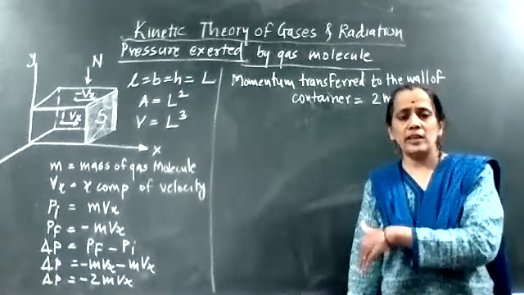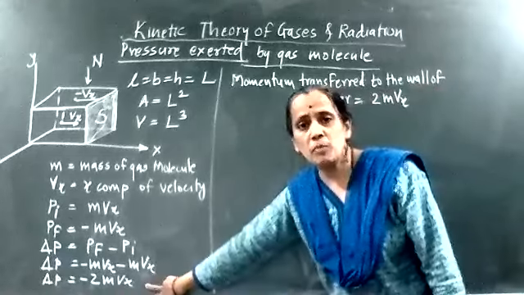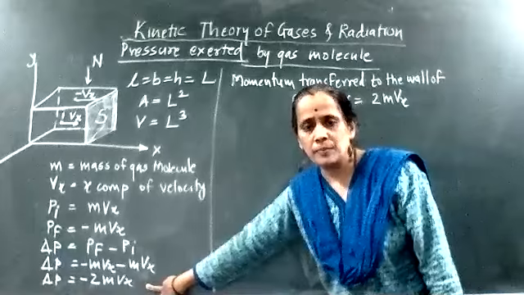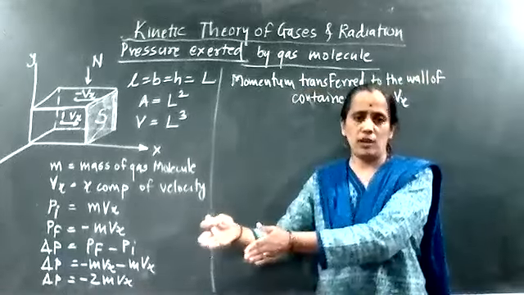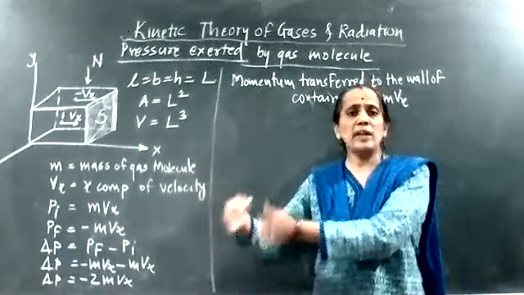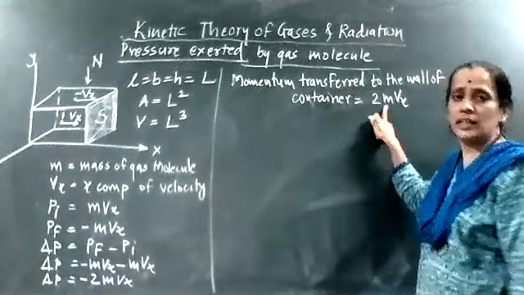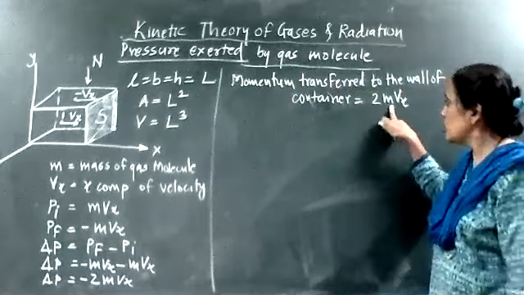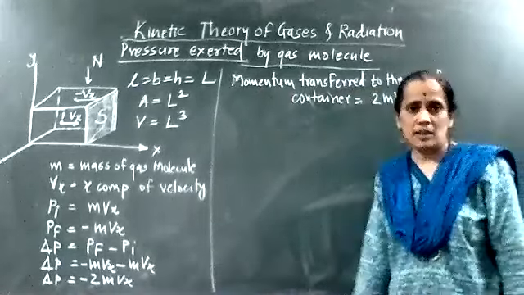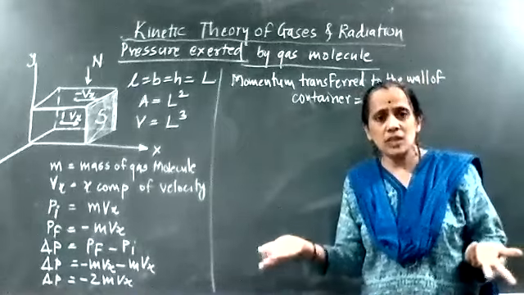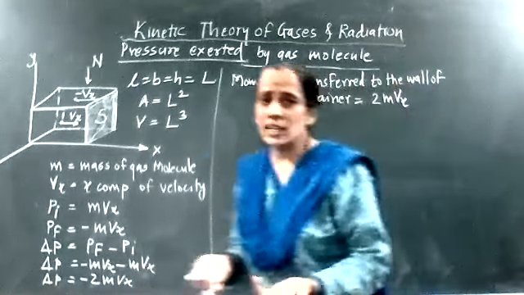It is positive. Why? Because this is the change in momentum of the gas molecule. This gas molecule gives its momentum to the wall. So the momentum transferred to the wall is nothing but plus 2m into vx. It will become plus, because net momentum is 0, because every collision is elastic.